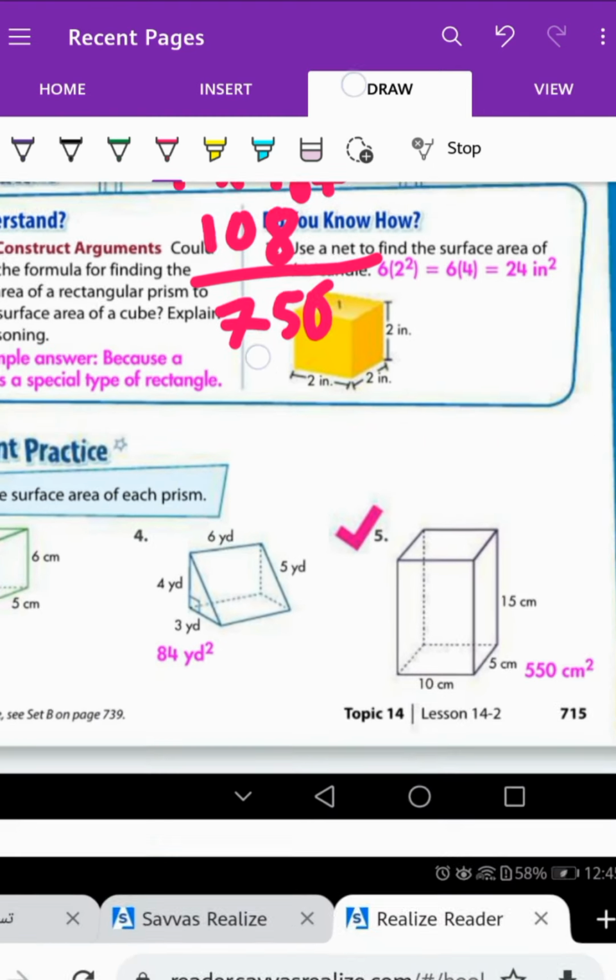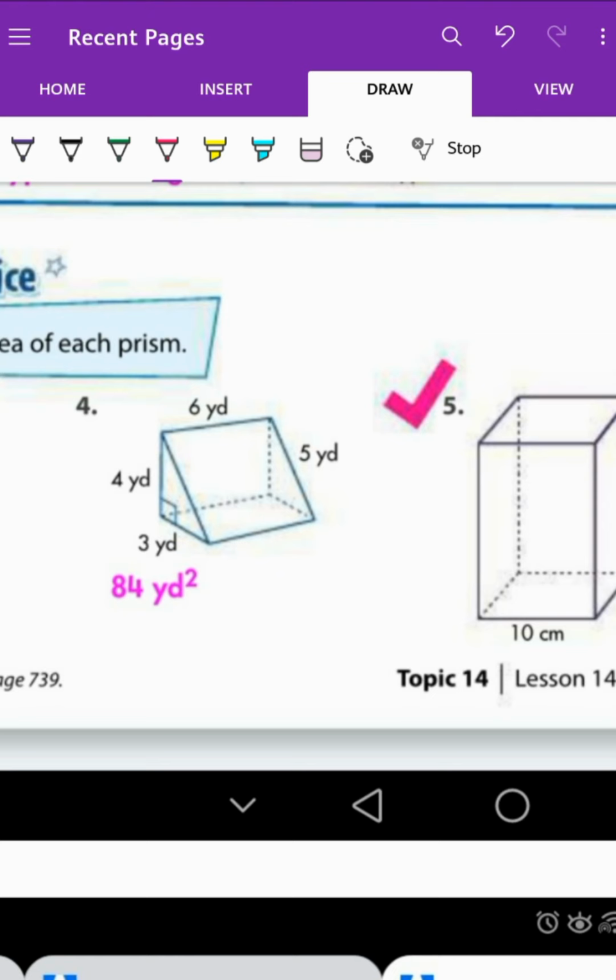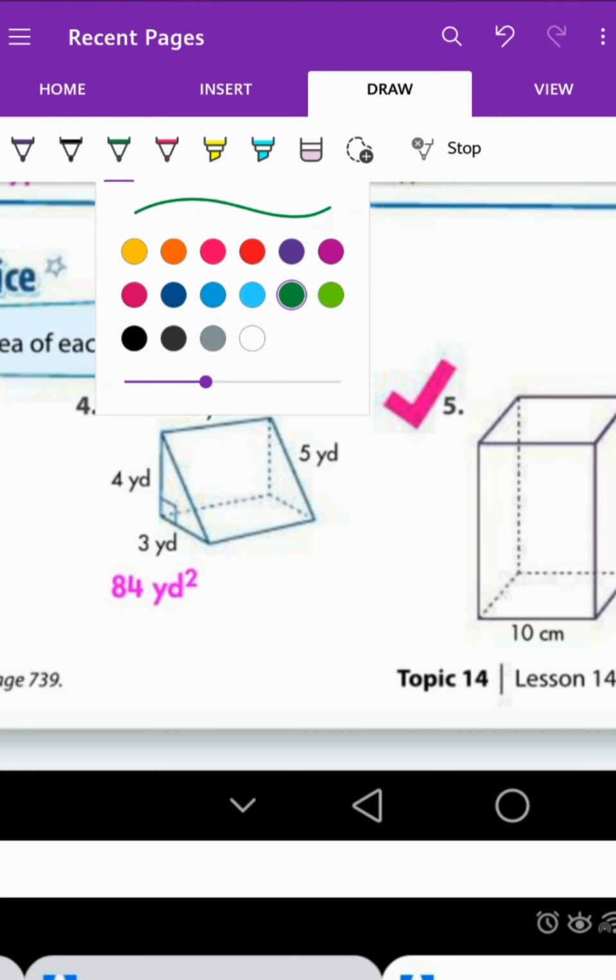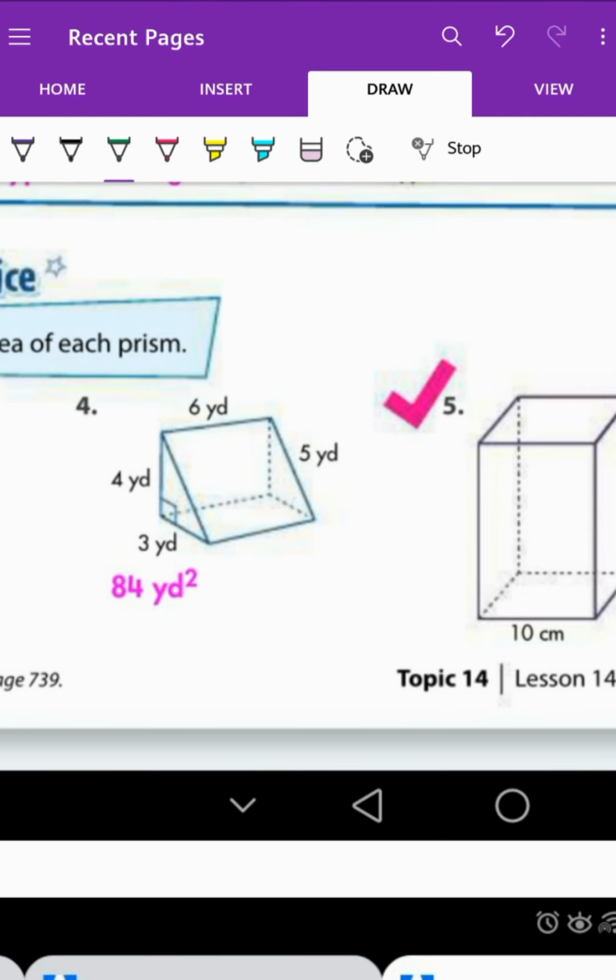Okay, now let us take another one and apply the strategy. I teach you here the strategy more than the calculation. Okay, my dear students, and please pay attention. First of all, we find the area for one triangle. So base by height over 2.